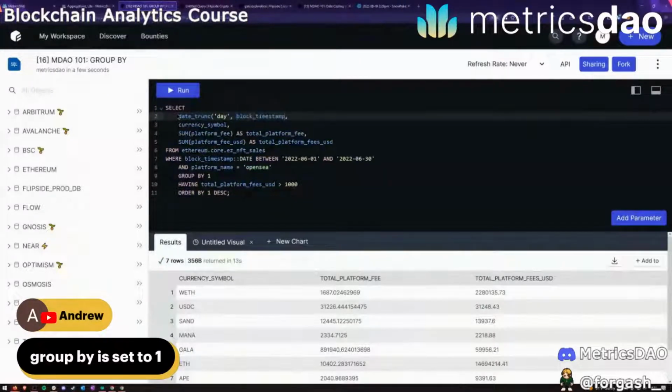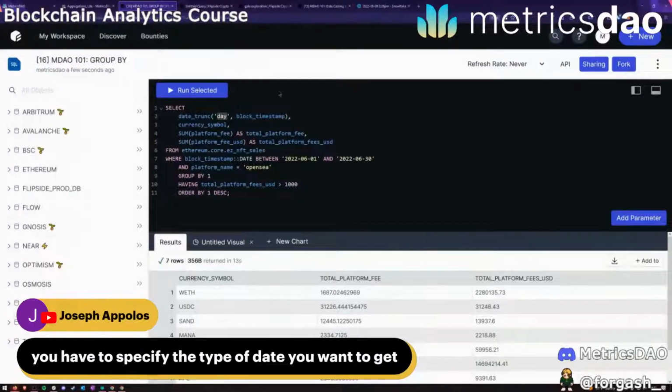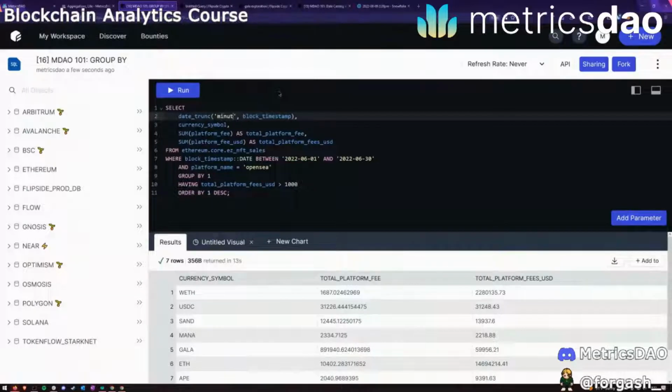And what that does is it basically truncates the date, exactly as it sounds, into whatever part you put in here. So if I really did want to get down to the minute, I could, and it will basically cut the seconds away and just be like, 2:31 instead of 2:31 and 30 seconds.